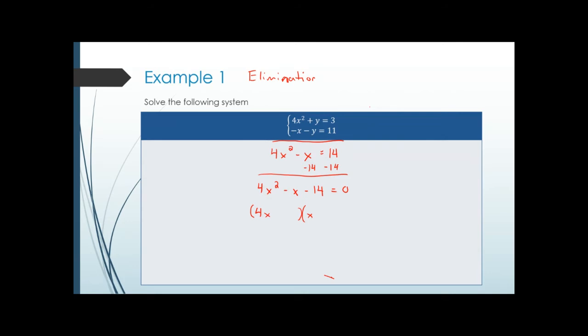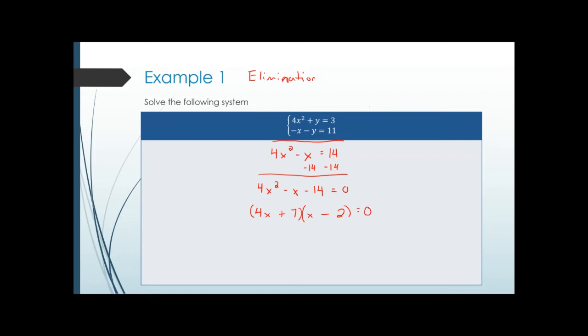So to get 4x squared, I'm going to have 4x times x, and then 14 is 7 times 2, and let's see, I want to have a minus and a plus.